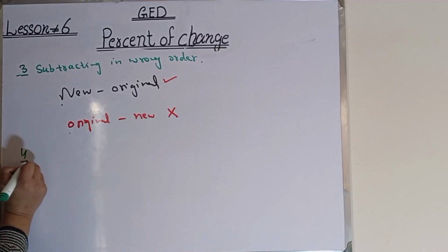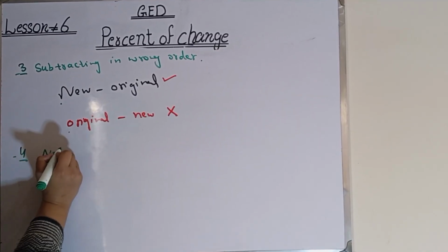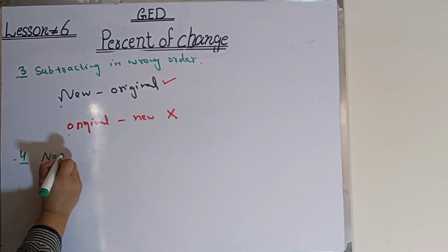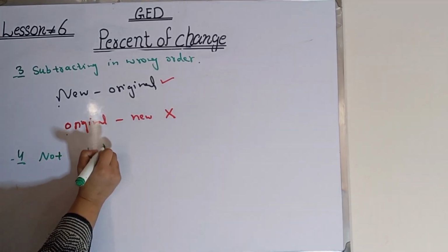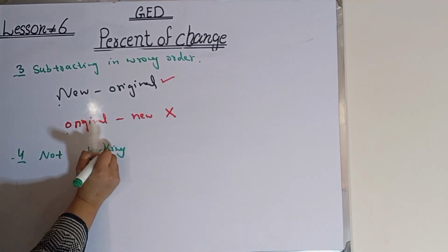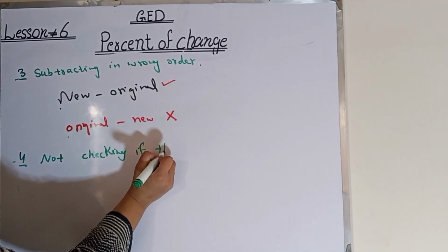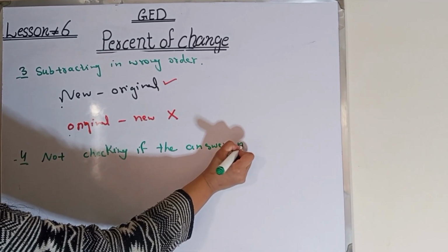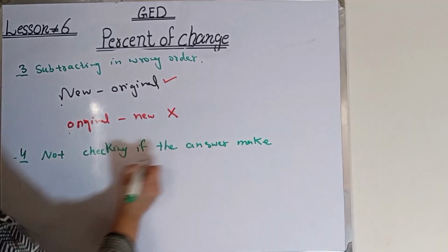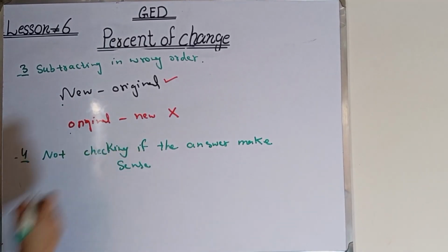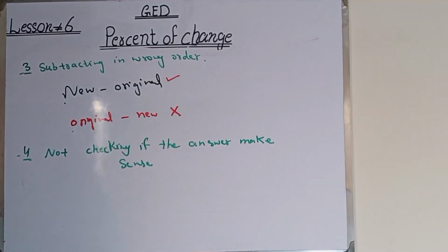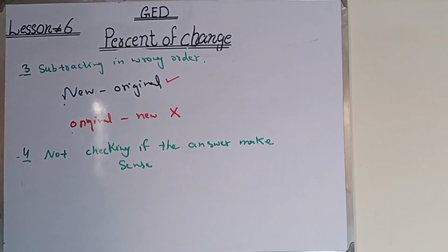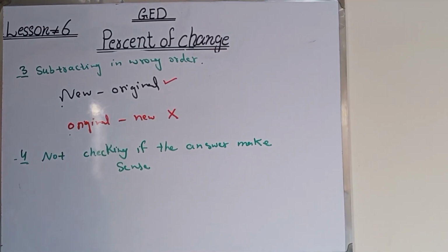Next, fourth point: not checking if the answer makes sense. If a number increases, you cannot get a negative percent.